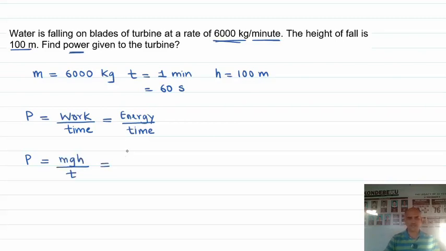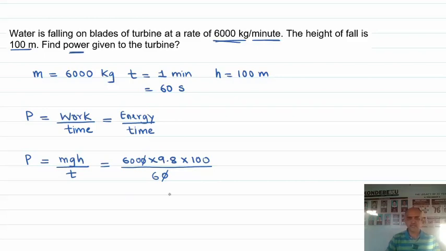Mass is how much? 6000. g is 9.8. Height is 100 meters, divided by time. Time is 60 seconds. Simplify, you will have the answer. So 600 into 9.8 into 100 divided by 6.